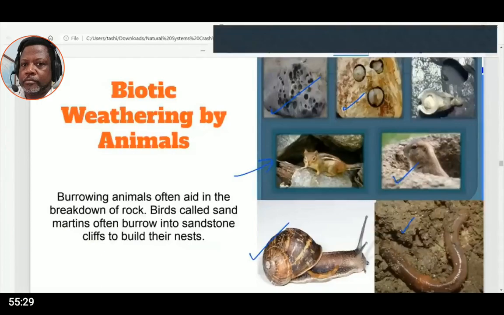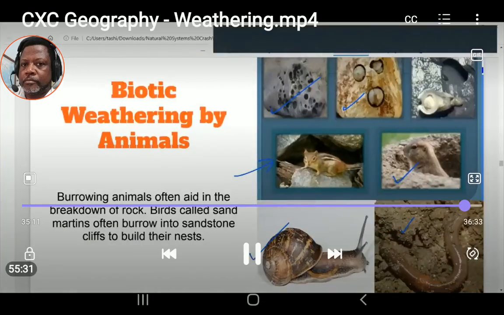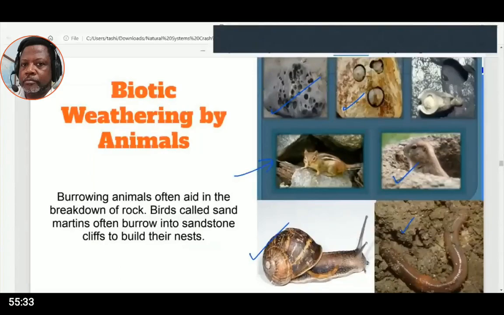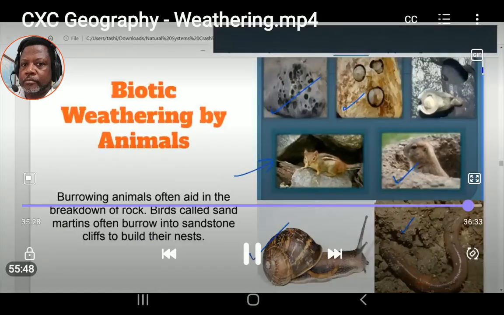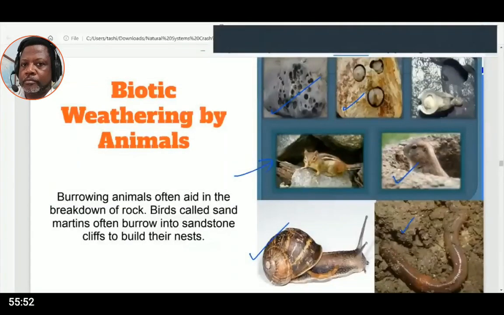Okay? So this chemical, which is what is left, will actually break down the rock. So it is not their physical presence, it is not their actual force that is causing the rock to be weathered, but it is the chemicals that they release that is causing the rock to be weathered just the same.